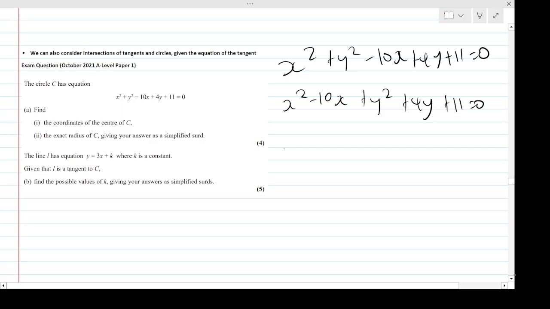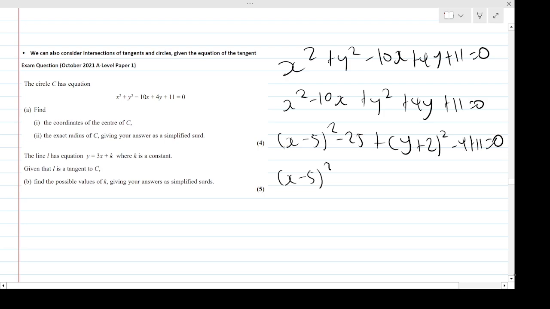Then we complete the square on the x part: x, and half of minus 10 is minus 5, all squared, then minus 25. Then we do the same for y: y, and half of 4 is 2, all squared, take away 4, plus 11 equals 0. Then we add the numbers, so minus 25 minus 4 add 11 gets me minus 18, but I'm going to equal it to 18 instead.